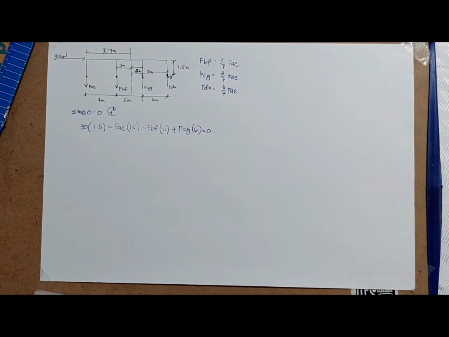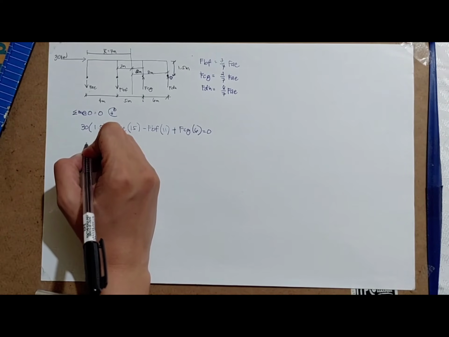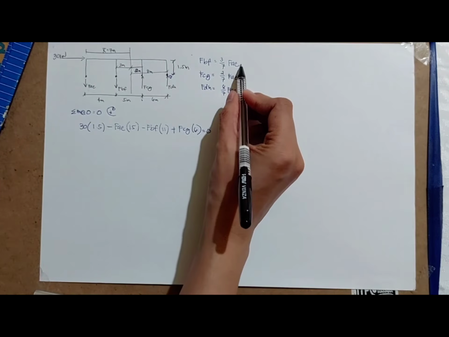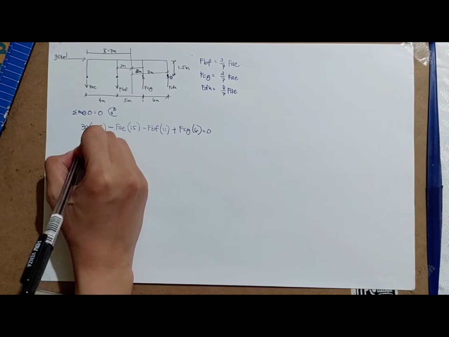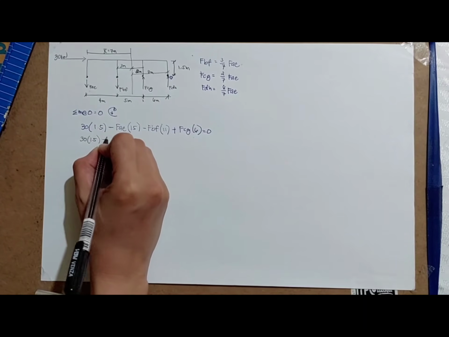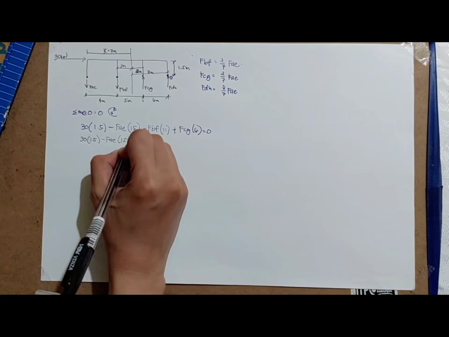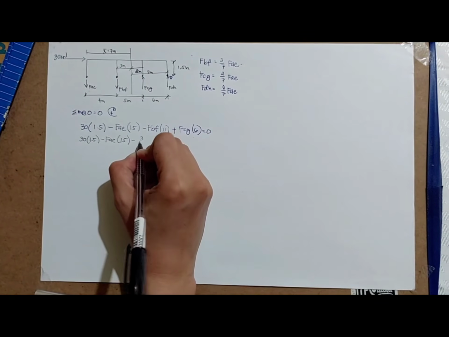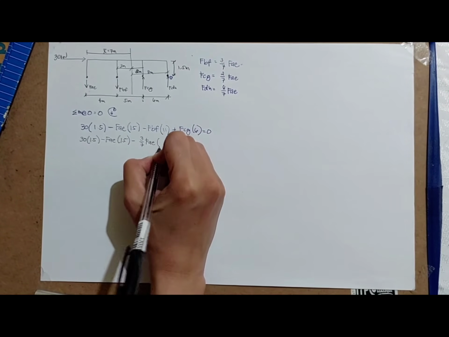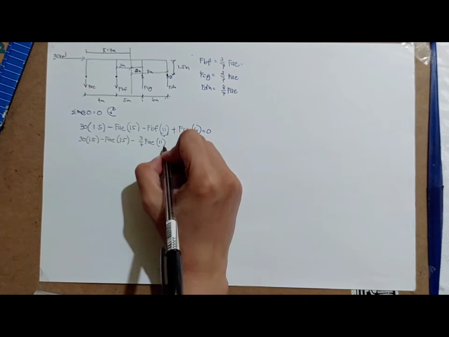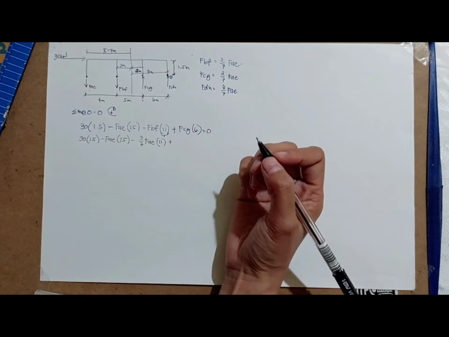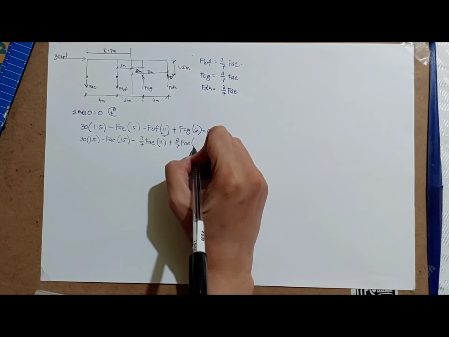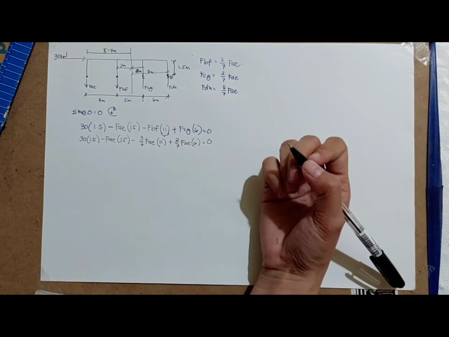I'm using a black ballpen to make it easier to see. Next, everything is now arranged. I want everything in terms of FAE since there is FAE here. So, we have 30 multiplied by 1.5 minus FAE multiplied by 15 minus, what is my FBF? This is my FBF: 3 over 7 FAE multiplied by 11, which did not change. Plus, what is my FCG? My FCG here is this: 2 over 7 FAE, multiplied by 6, is equal to 0.